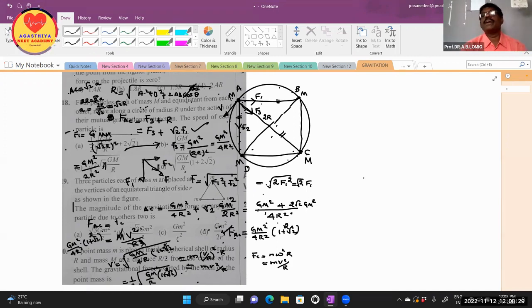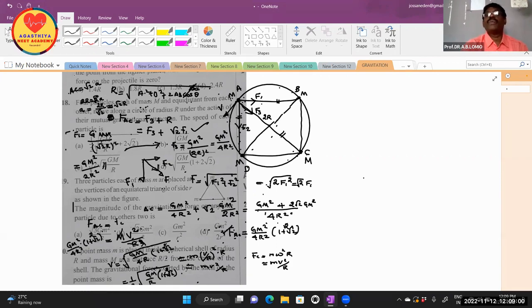In this problem, we are taking A as the reference, on which the forces are acting from B, C, D. All are attractive forces with respect to A. The force between A and B is F1, the force between A and D is F2, and the force between A and C is F3.